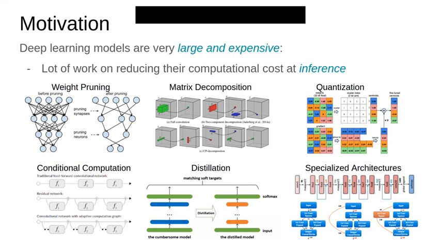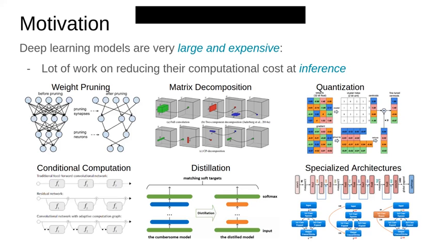And we can see here some examples of reducing computational cost at inference. For instance, we have weight pruning, where we reduce the number of weights or connections in a neural network based on the strength of these connections, trying to maintain performance but reduce the computational cost. Then there is matrix decomposition, for instance, for convolutions.